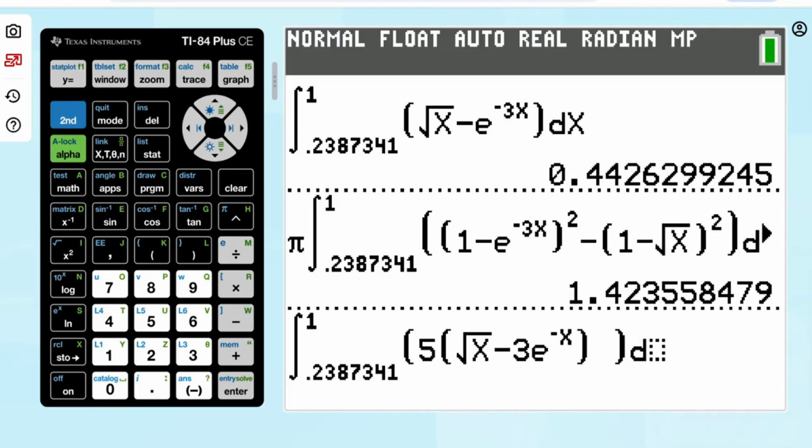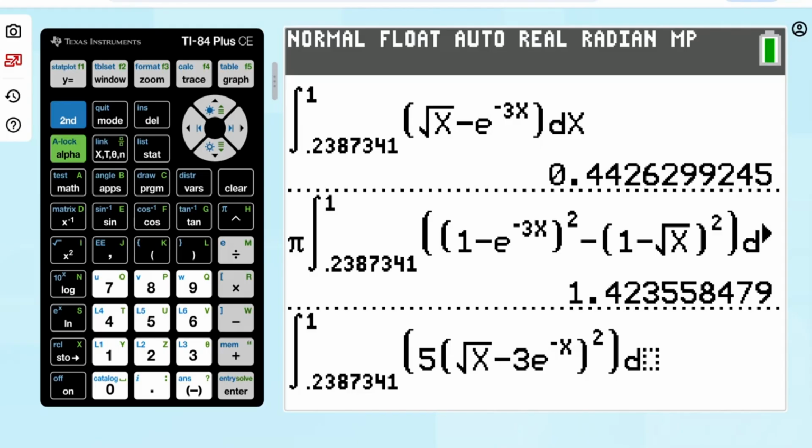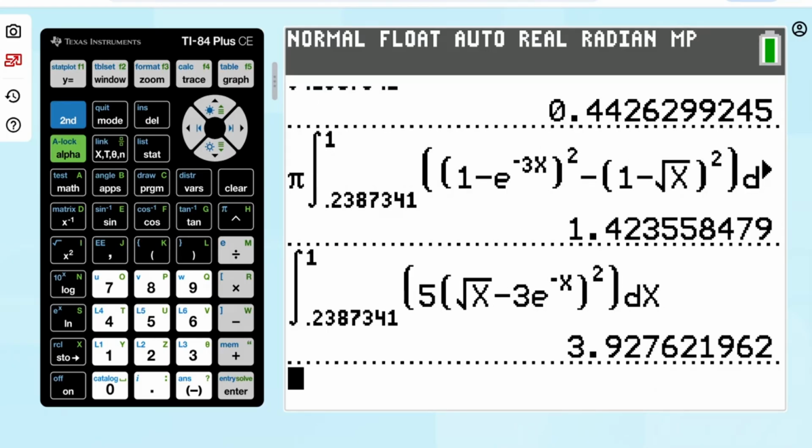And then we're squaring just the root x minus 3e to the negative x portion of it. Put your dx out there, and you end up getting that's not the right value, so we must have typed something in wrong there.